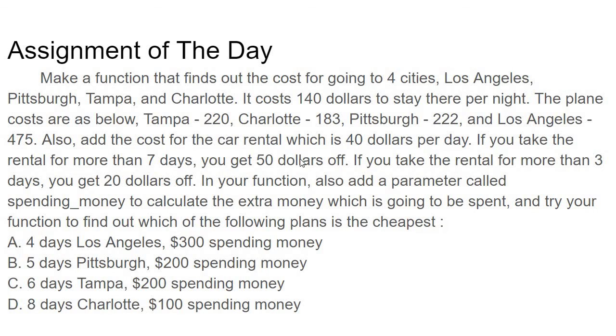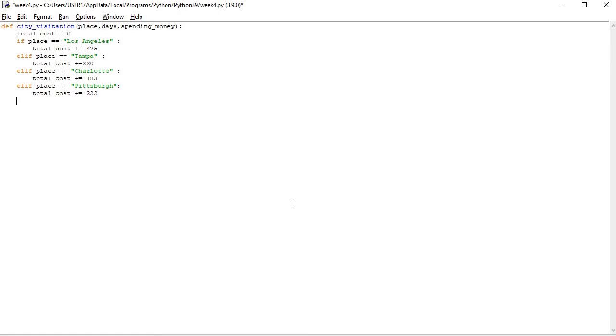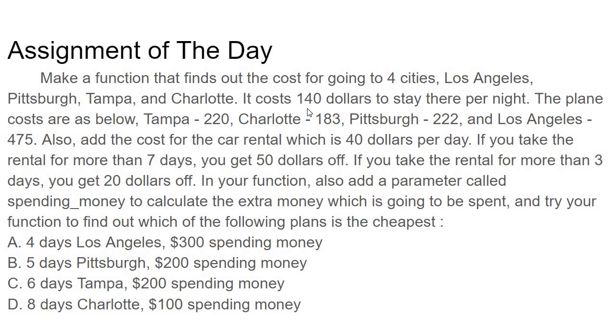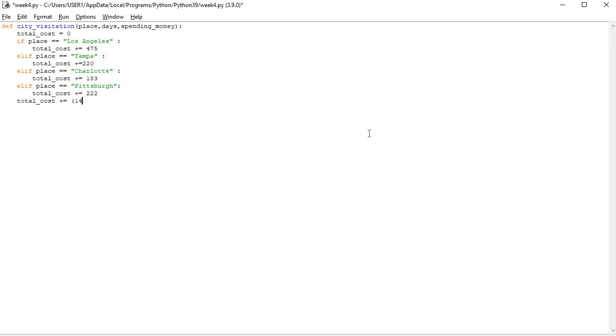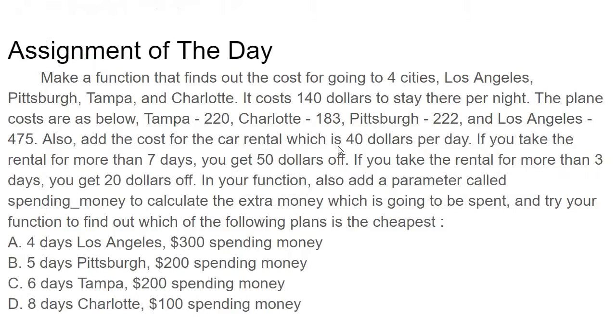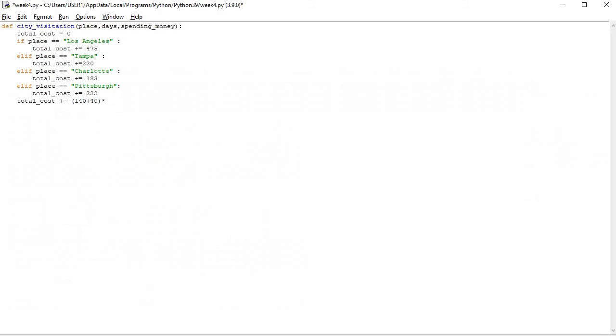Now, per day, you have $140 to stay there per night and $40 per day. So total, you can do this even in the normal function, plus equals, and how much should we increase it by? 140 plus 40, whole thing times the number of days, and luckily we added days as one of our parameters.